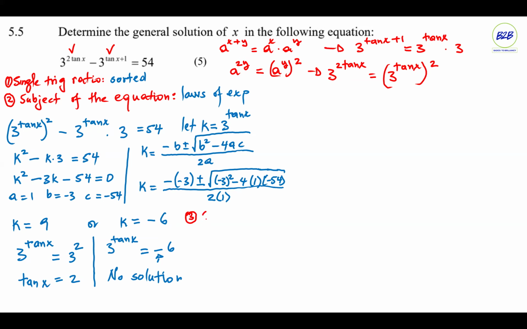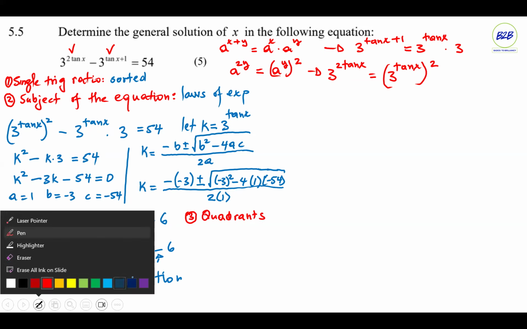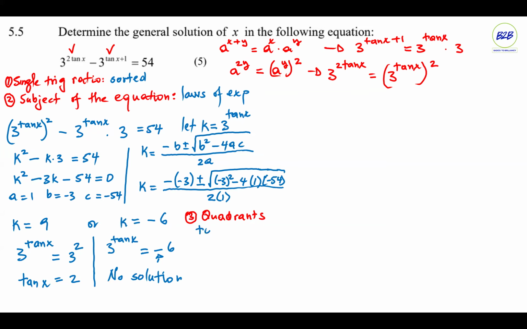To select quadrants. We see that the equation that we are working with is tan of x equal to 2. This constant is 2, which is positive, which means tan is positive in the first and in the third quadrant. So those are the quadrants that we will be working with.